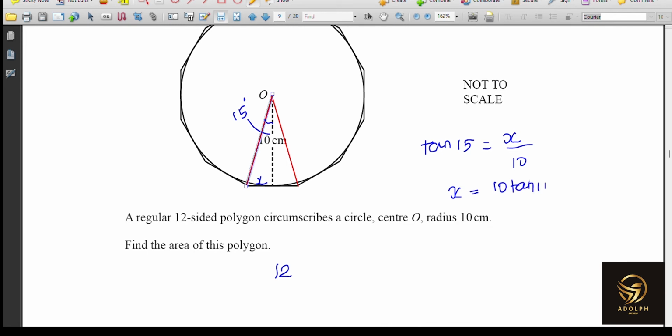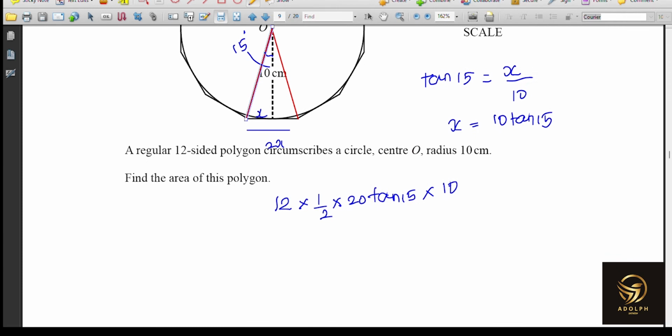Now the area of the polygon is 12 identical triangles, so 12 into half into base, which is 2x. Actually it's not x, it's 2x. We found the x value, so 2x is going to be 20 tan 15, into height 10. Yeah, just put these values in your calculator.